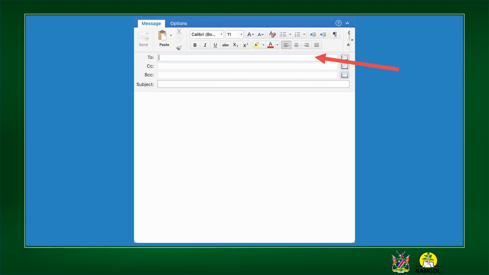The moment you see this top bar with "To" written here, then CC and BCC, followed by a subject line like this, then you know it is an email.